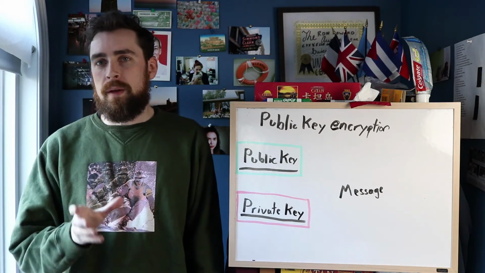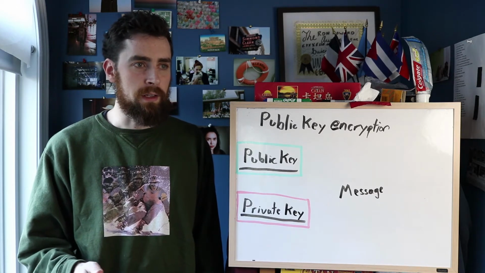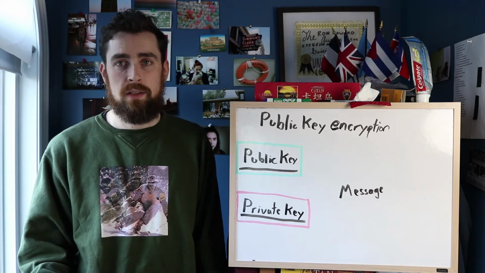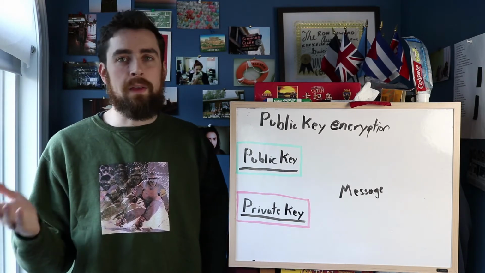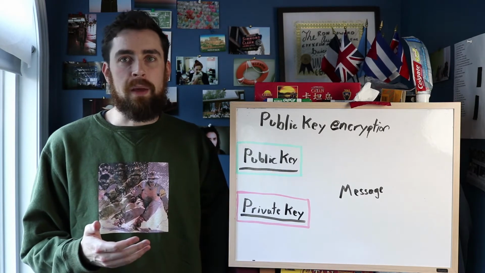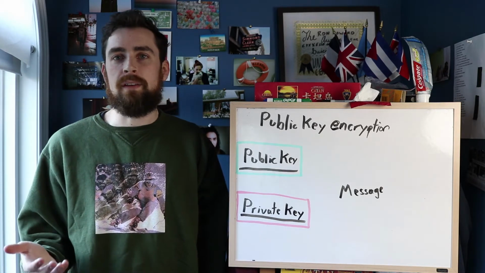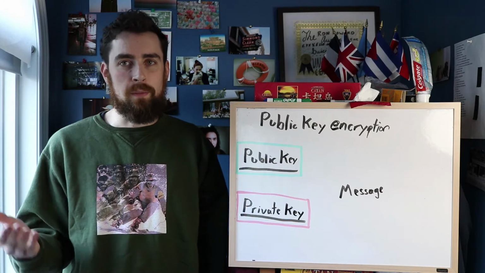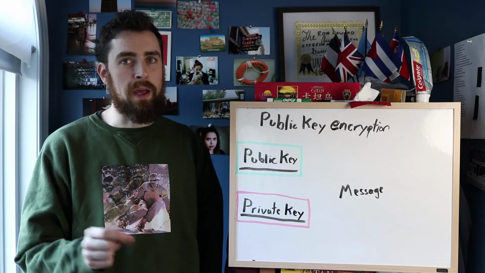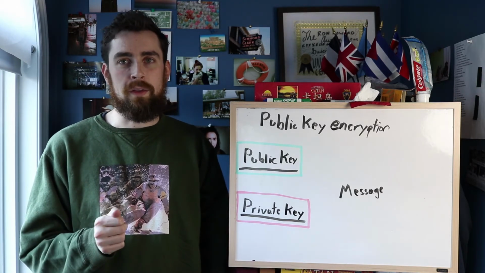So now that we have a basic understanding of public key encryption, public key cryptography, how does this relate back to a digital signature? What is a digital signature? If we think about a normal signature, what function that serves is that it is basically a proof that someone has agreed to something or that someone is okay with something, and you put your totally unique thing that no one else can do onto a piece of paper, and that somehow proves that you're agreeing to whatever's on the paper.